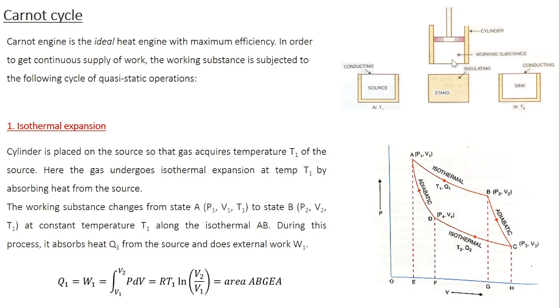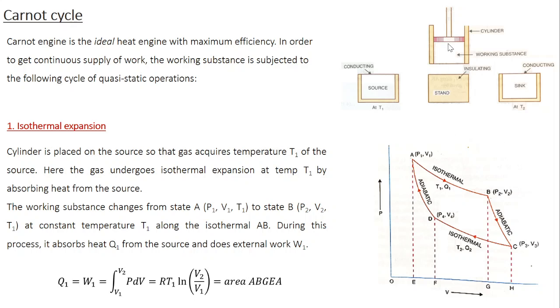Now when the gas gets compressed, the volume is going to decrease. So you can see volume decreases from V3 to V4. V3 corresponds to point H, V4 corresponds to point F. When volume decreases, what happens to the pressure? Pressure increases, from P3 to P4. Now what happens to the temperature?